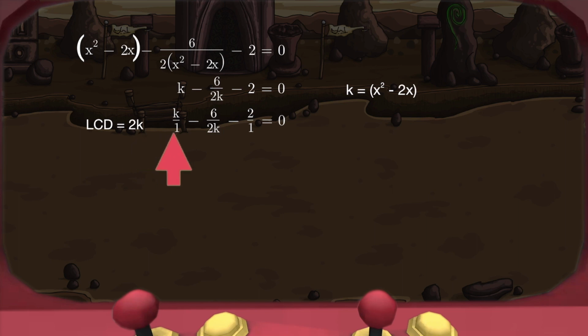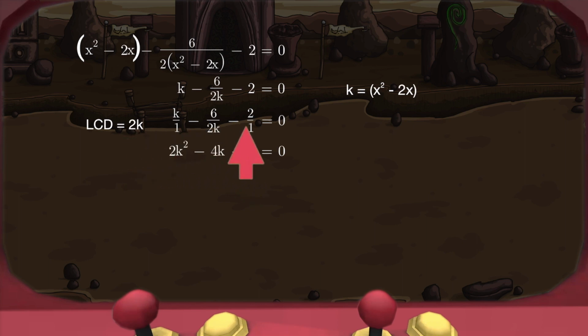2k divided by 1 is 2k, 2k times k is 2k squared. And then we do the same. 2k divided by 2k is equal to 1, and 1 times minus 6 is minus 6. So I write that down, and I am already going to change the order because I know what's coming.